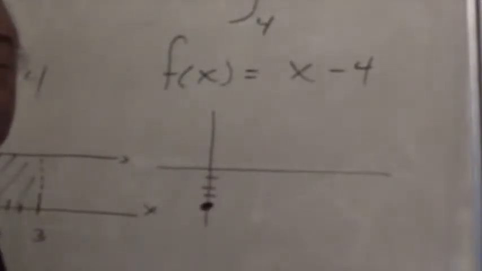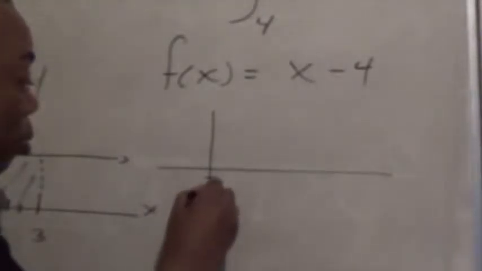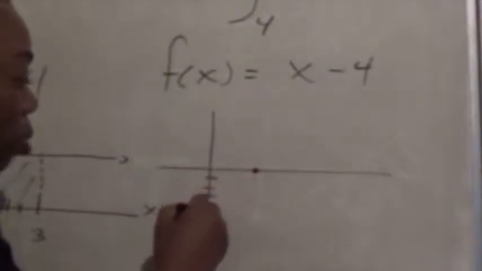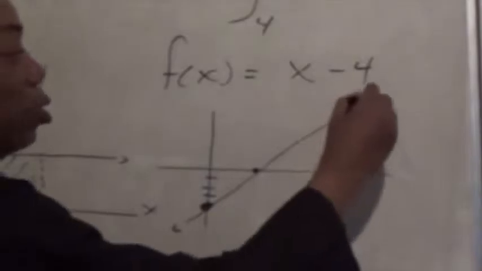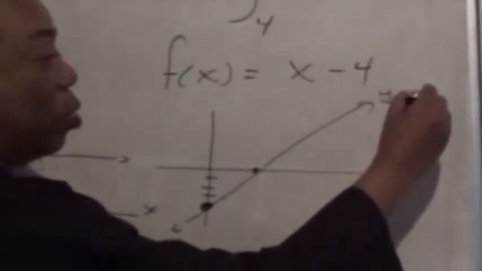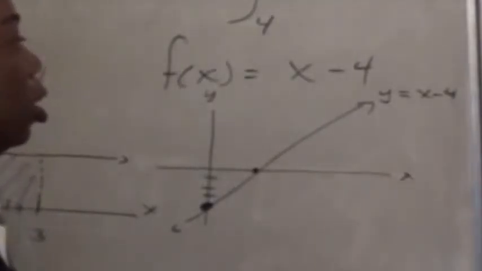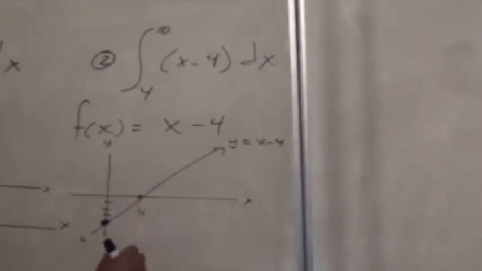My slope is positive 1, so I'll go up 1 over 1. This is my graph, y equals x minus 4. At x equals 4, it's right about here, and x equals 10 is about here.